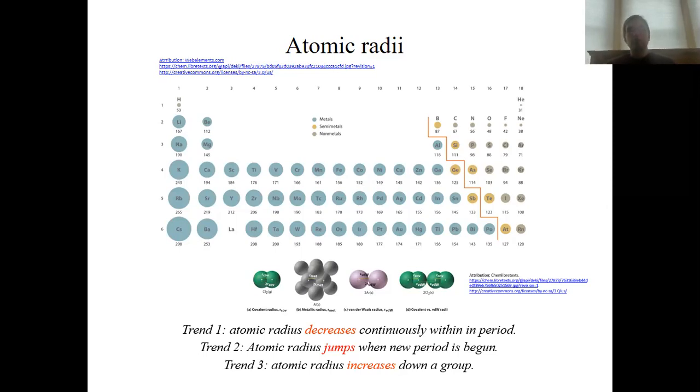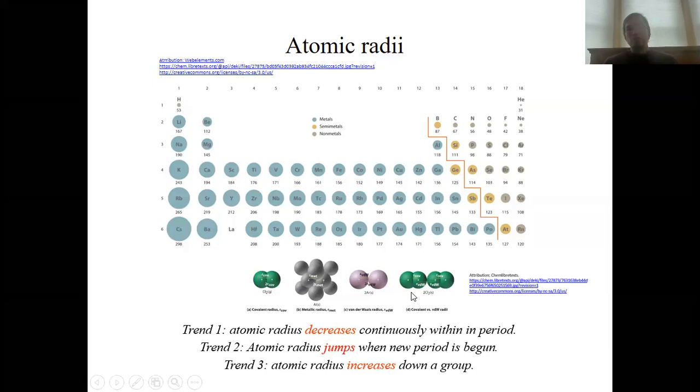So for instance, in solid argon, you can define a van der Waals radius, where there are no significant interactions between the argon atoms other than van der Waals interaction, and you define the van der Waals radius as half of the distance between the argon atoms.